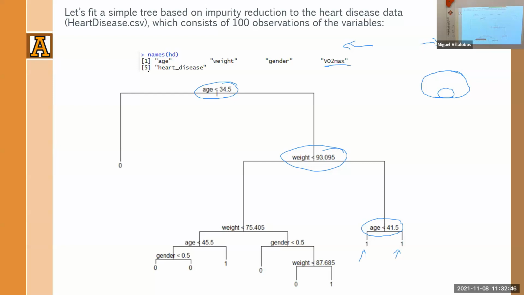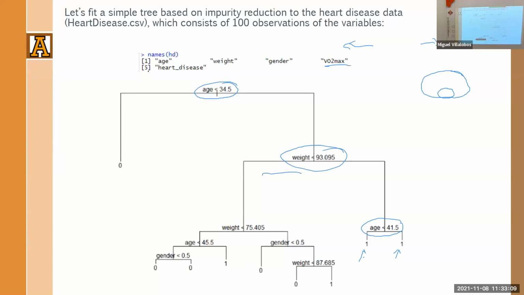But in less than 41.5 is heart disease. On this side, it has more nodes. Okay? So the trees can have many more nodes on one of the branches than in other branches. That's a natural thing because it depends on the responses.